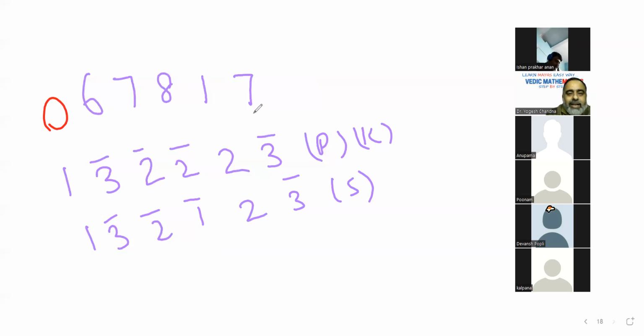Now Sudhanshu, see again. 7 means 3 bar. 1, that means R2A. 2, you forget this. After R2A, you have to come back to rule number 1. So in case of 1, you don't have to subtract from 9. You have to subtract from 10.